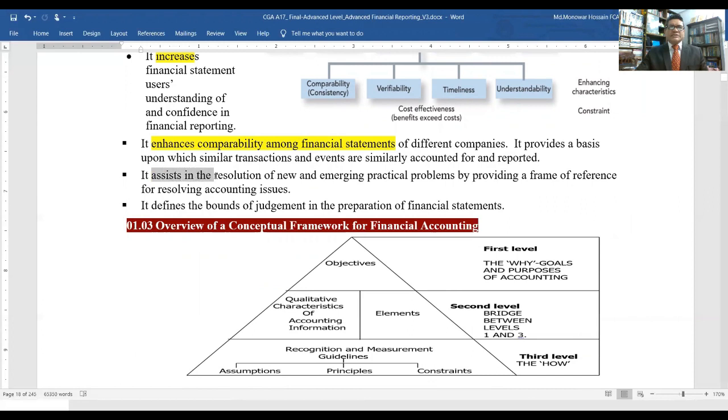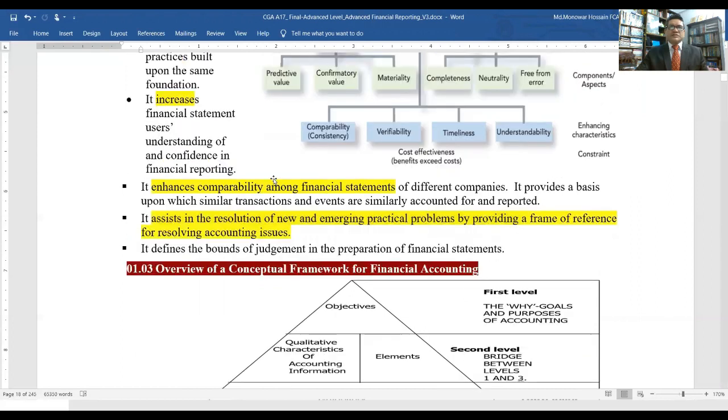It assists in the resolution of new emerging practical problems by providing a frame of reference for resolving accounting issues. It defines the bounds of judgment in the preparation of the financial statements.